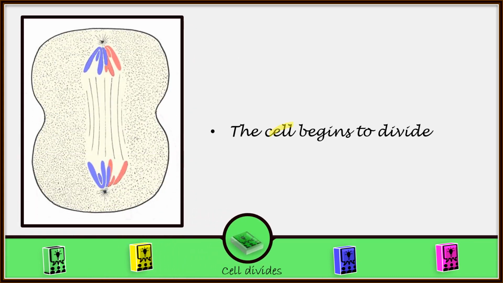The cell now begins to divide. Now we are seeing that our chromosomes have reached the end, and these ones have also reached the end. And now what's going to happen is that the cell is going to start dividing itself in the middle.